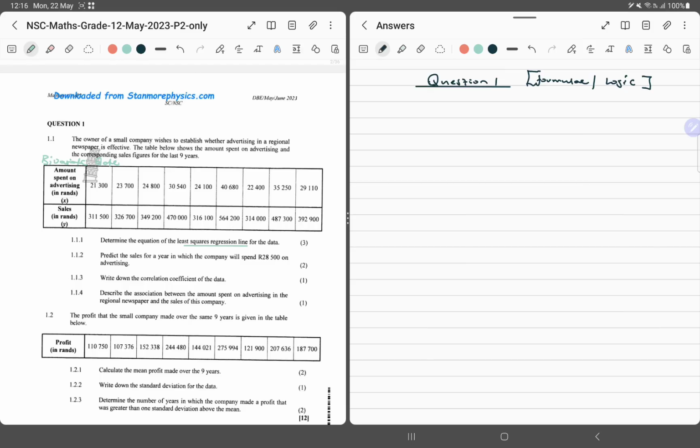So let's just go for it. We go to mode, and then we go to stat, which is 3. And then we choose the a plus bx option, which is 2, the bivariate data.